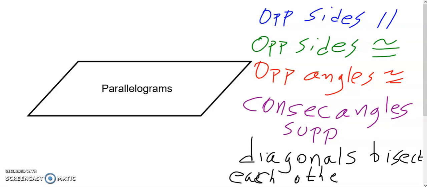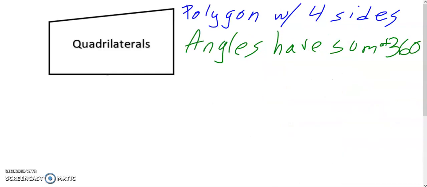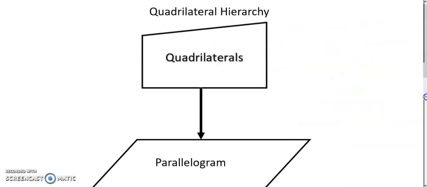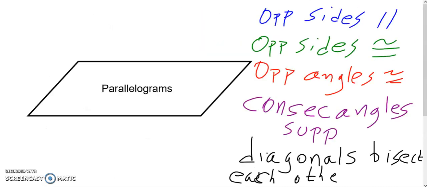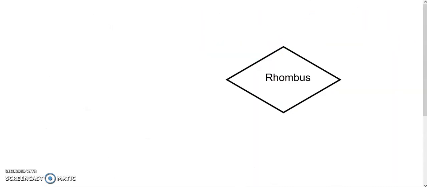Now, we said we're going to add a rhombus to the list. So a rhombus will have all of these properties, because if you look back, the rhombus is underneath the parallelograms. A rhombus will have all the properties of that parallelogram. So a rhombus will have opposite sides parallel. I'm not going to write them down because that was the property up above it. Opposite sides are congruent.